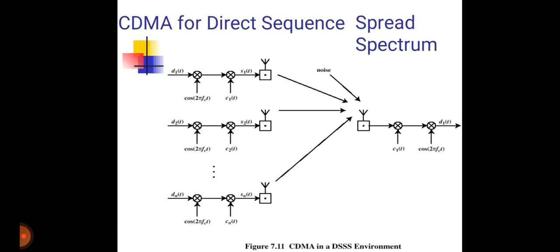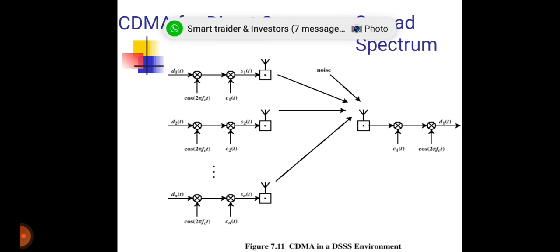Now we will see the CDMA for direct sequence spread spectrum. The working of CDMA takes an entirely different approach from TDMA and FDMA. CDMA, after digitizing data, spreads it out over the entire available bandwidth.